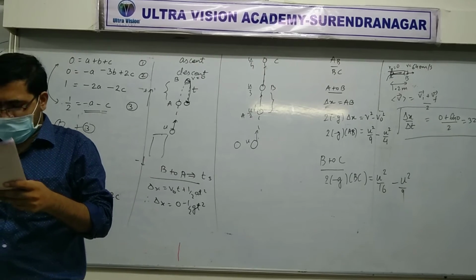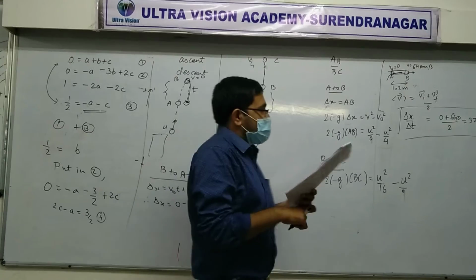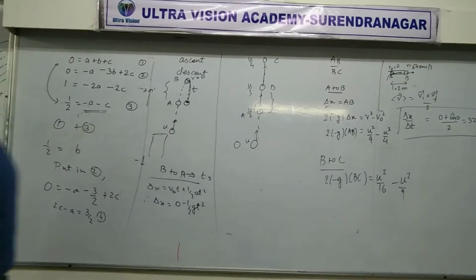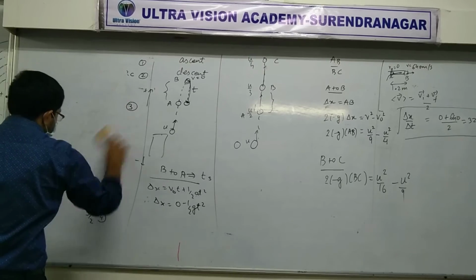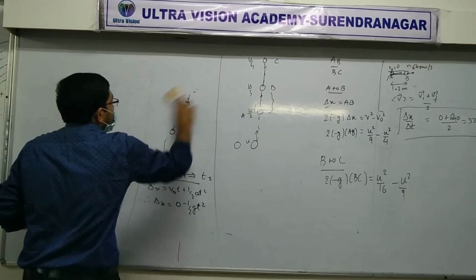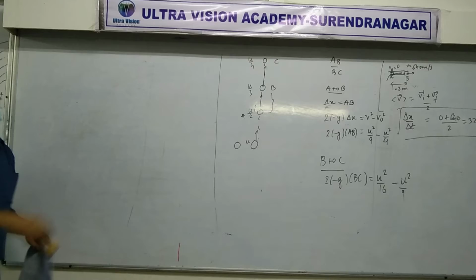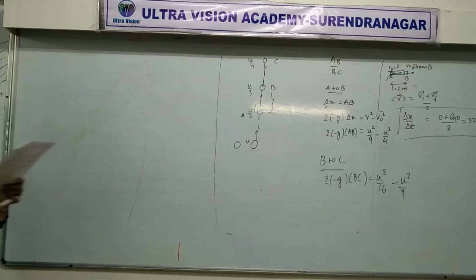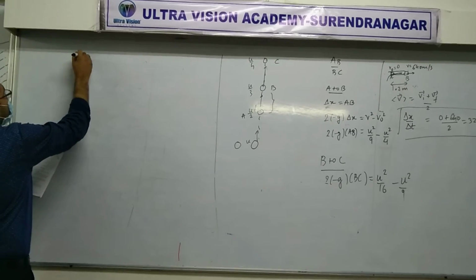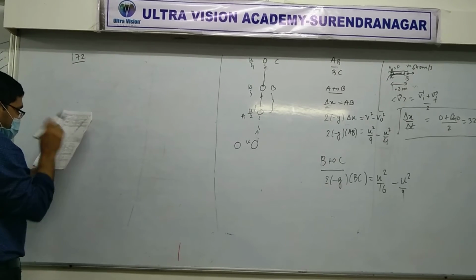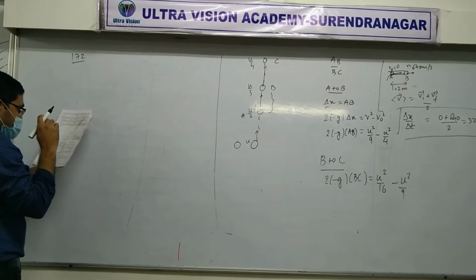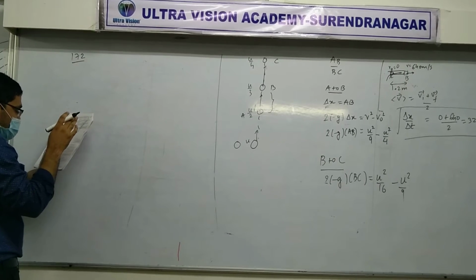172. Okay. A particle located at x equal to 0 at time t equal to 0 starts moving along the positive x direction with a velocity v that varies.